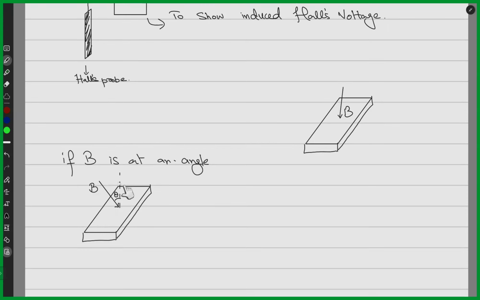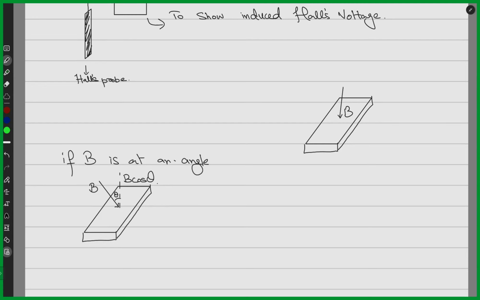Well, in this case, because the angle is with the normal, that component is B cos theta, right? So the side which has the angle is the cos component. So if it is like this, then only the B cos theta component is responsible for inducing Hall's voltage.